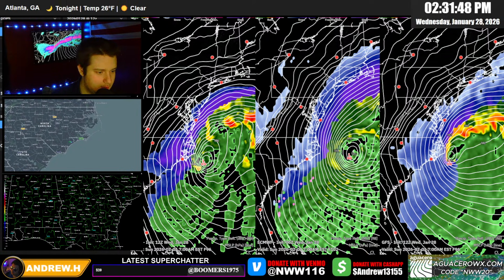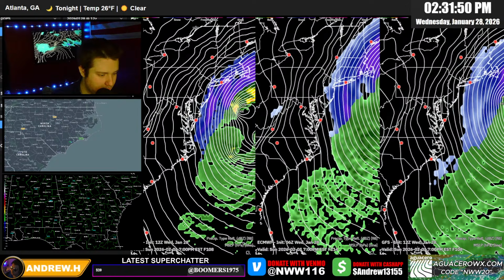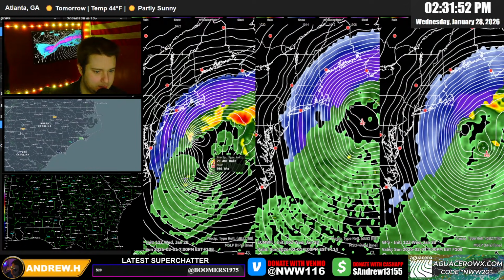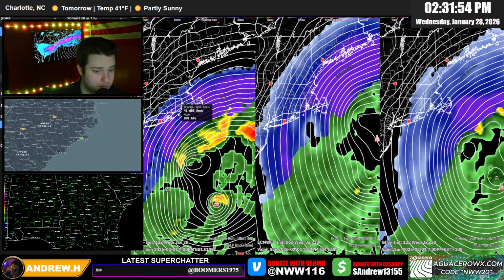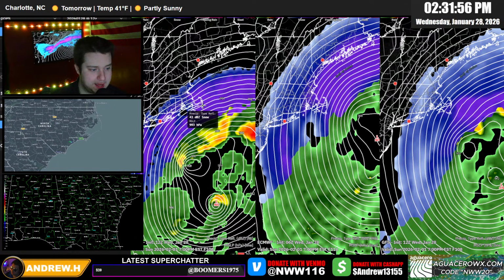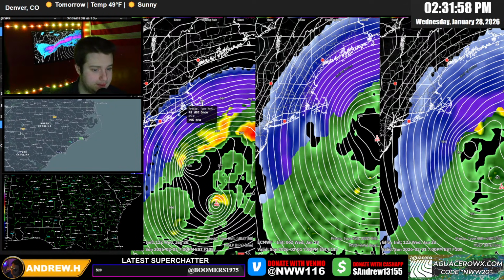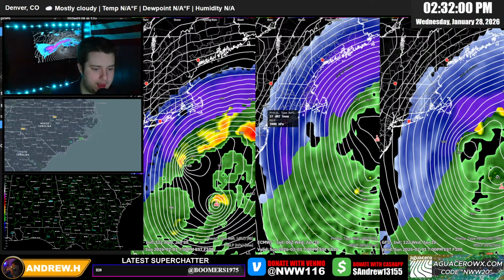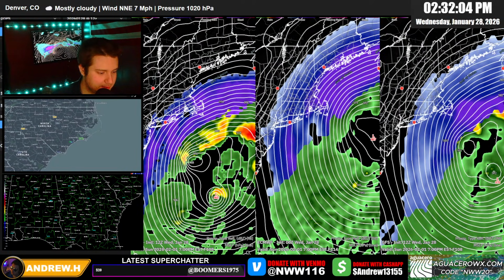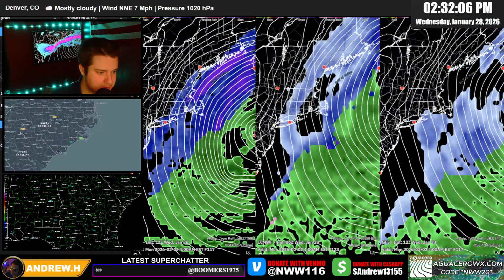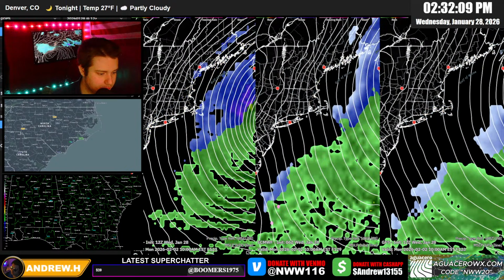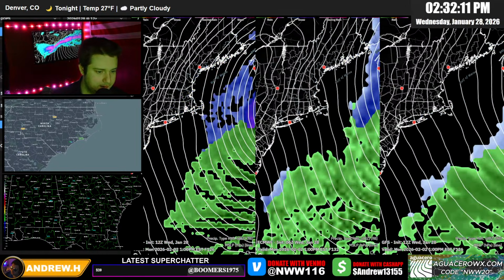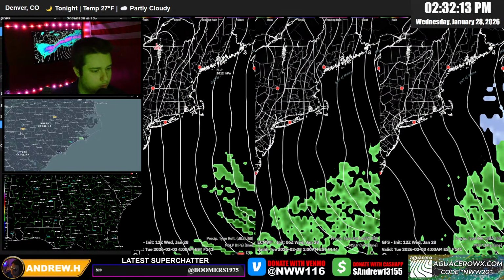Then we work our way into the evening of Sunday, and there's a pretty good amount of agreement that eastern Massachusetts by Cape Cod could be dealing with a lot of heavy snow at this point. That is solid agreement, and that's a really good possibility. Then the system should be rolling through until early Monday, when it rolls out of the region.